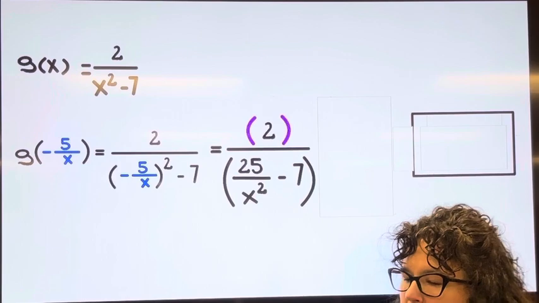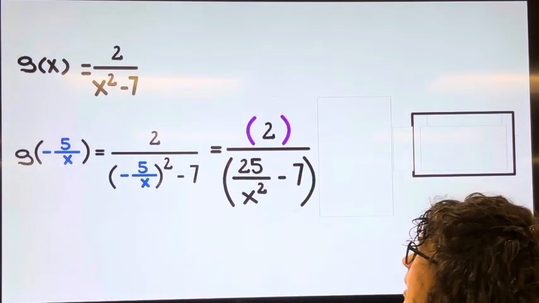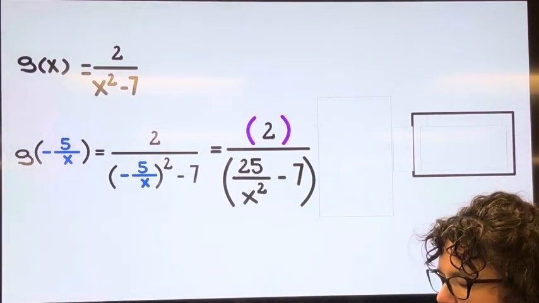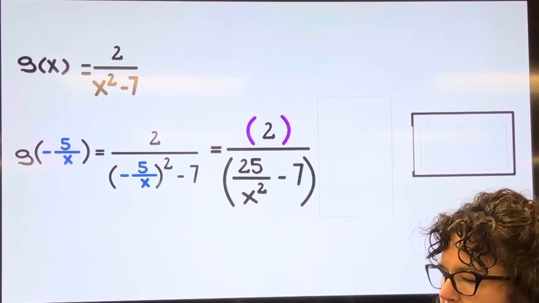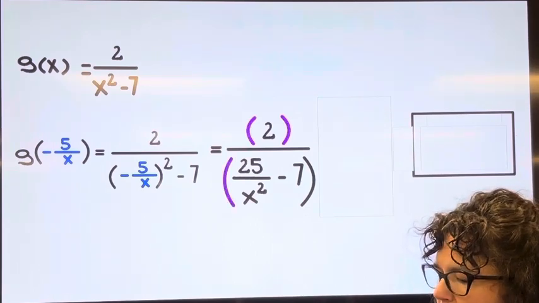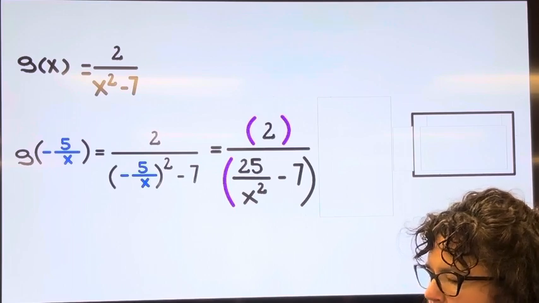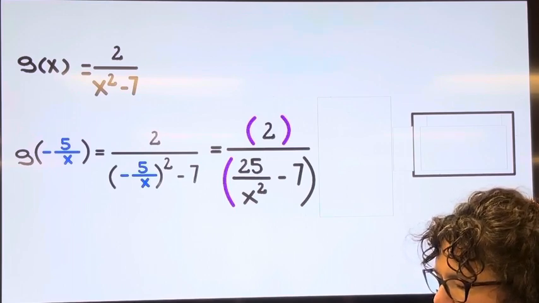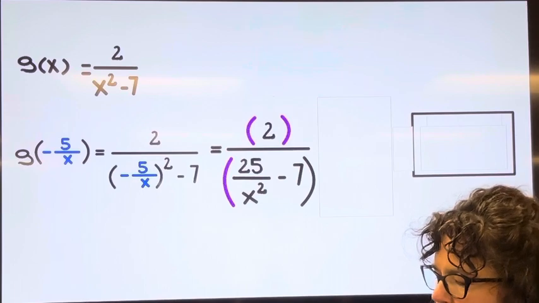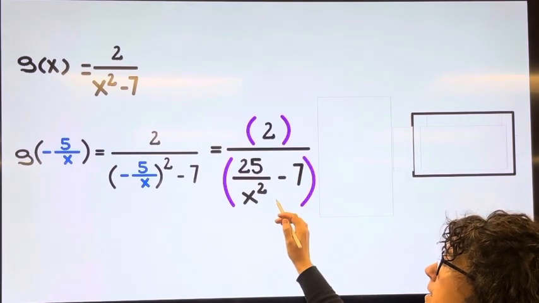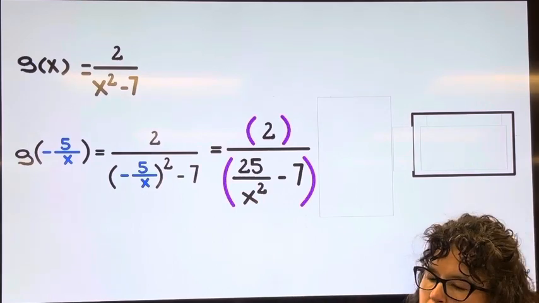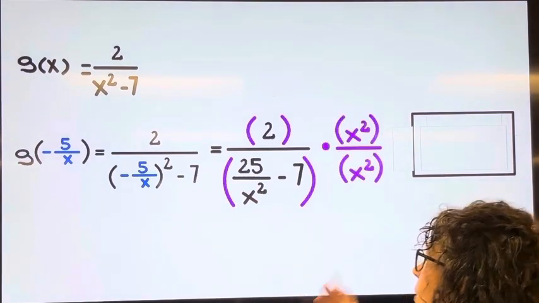I'm gonna put a set of parentheses around the numerator. So I want to multiply top and bottom by that little mini denominator, which happens to be x squared.